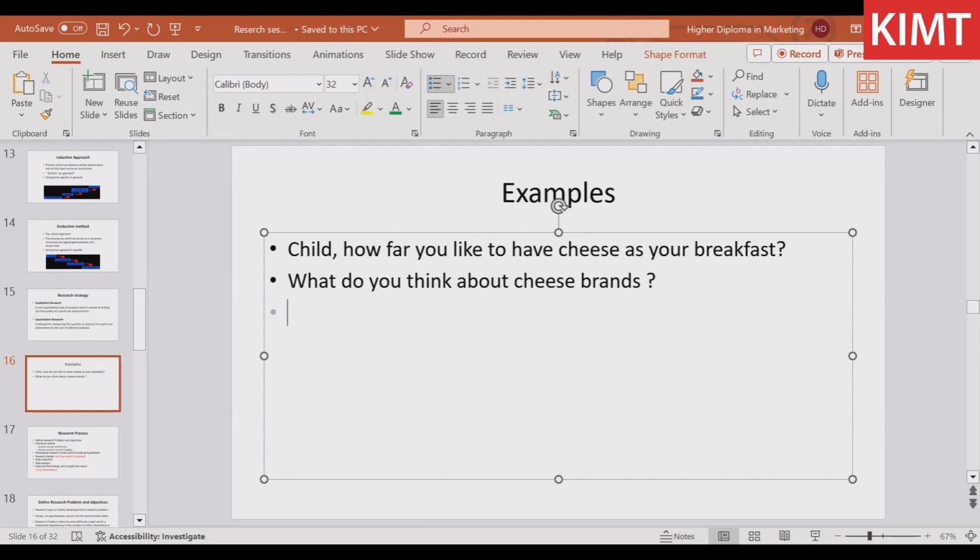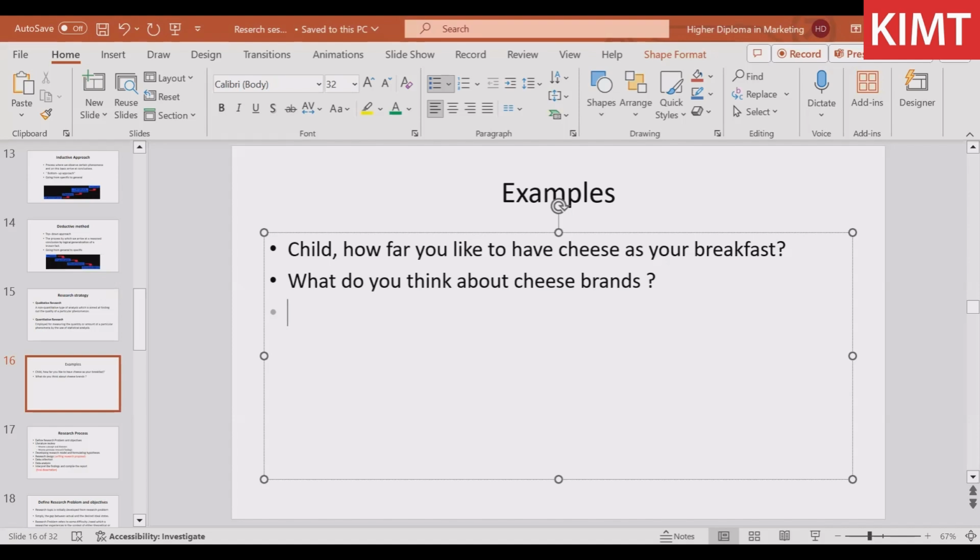Now, children, what sort of answers would they tell you? They would tell you, I like that brand because it's tastier, but I don't like that brand because it's too hot or spicy. And I like the brands because they are advertising very nicely and attractively. I love to eat chocolate, not for breakfast, but whenever I'm having a fun time with my friends. And my mom always said not to eat cheese too much.